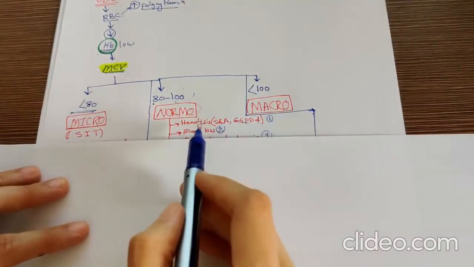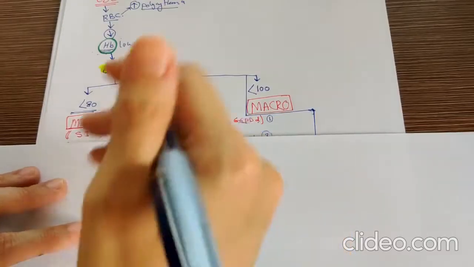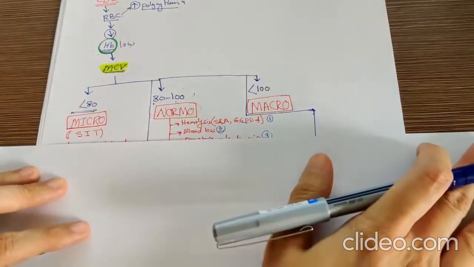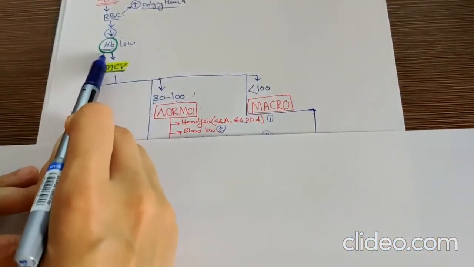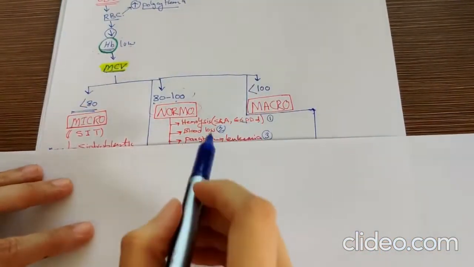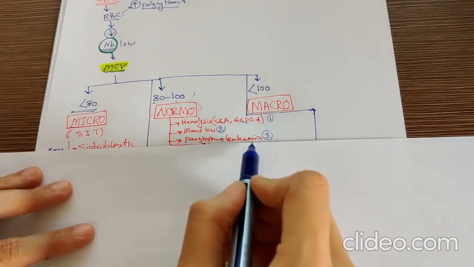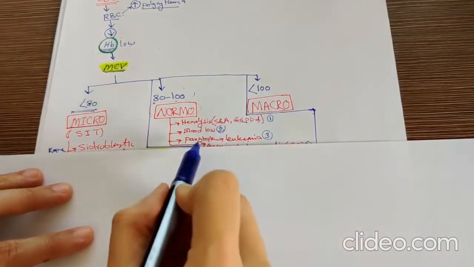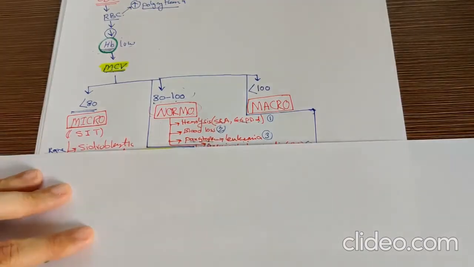Think about blood loss. There is bleeding from somewhere, and the patient comes to you with some symptoms plus a low hemoglobin. It can be leukemia, and you need to know that in leukemia it is always pancytopenic.